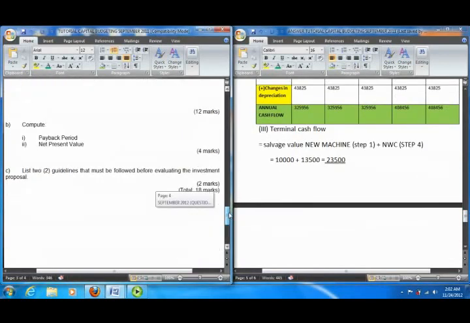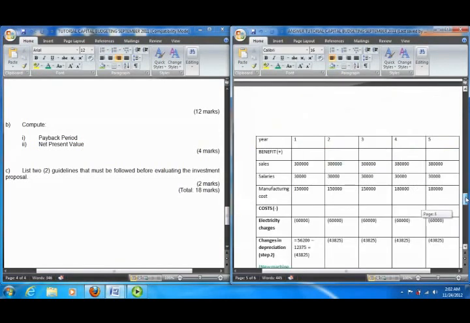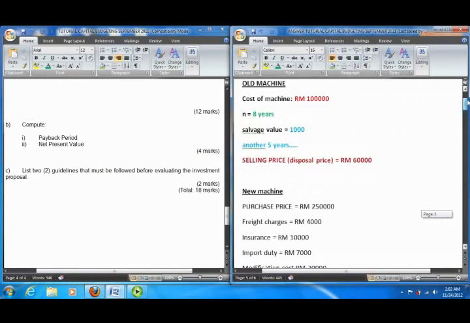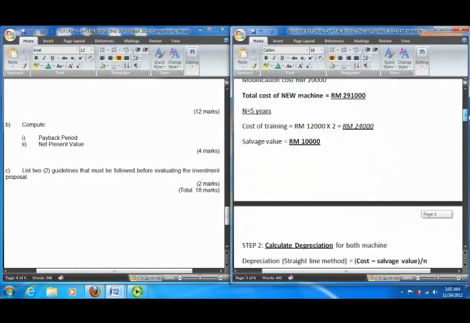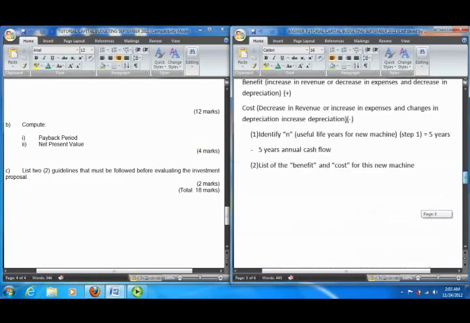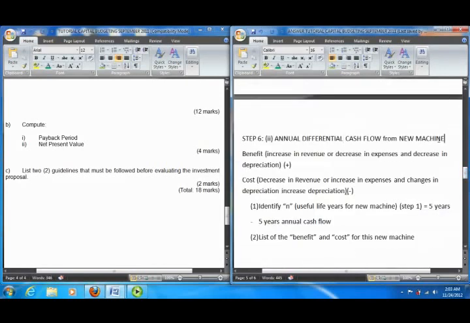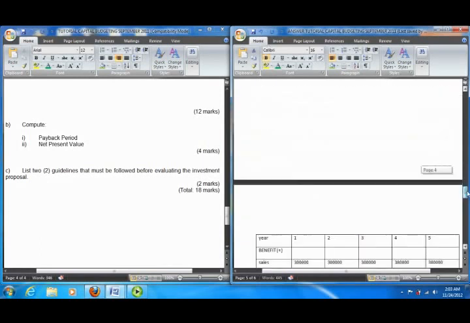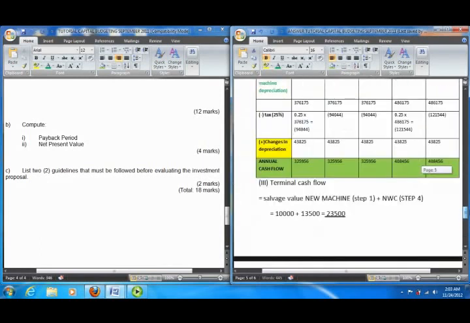Alright, next question. As you can see, class, the question asks you to calculate payback period, and the question asks you to calculate net present value. Alright class, this is part 1, how to calculate capital budgeting. First you need to calculate your initial outlay, annual differential cash flow for the new machine, lastly terminal cash flow.